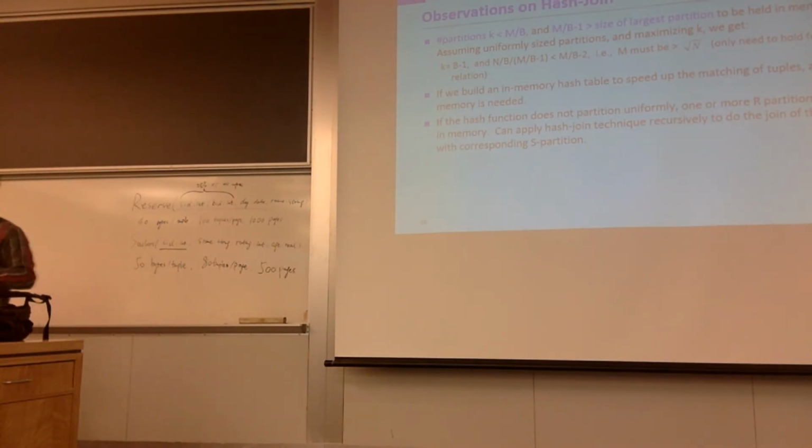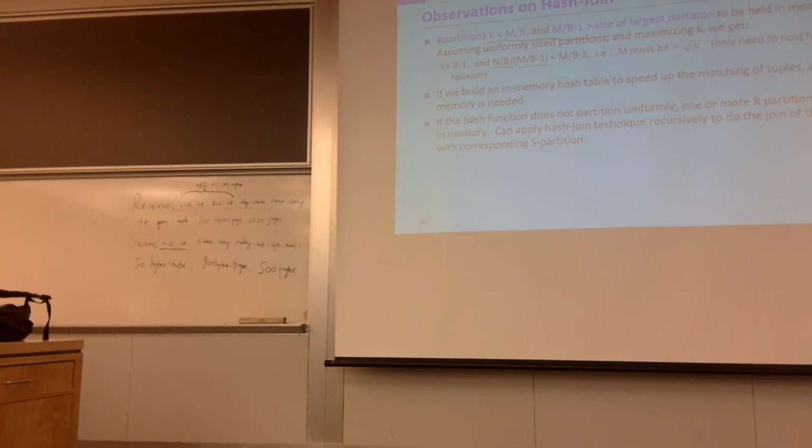If you solve the inequalities here, assuming your partitions have a uniform size, which might not hold in reality but people make this kind of assumption all the time, and you try to maximize the number of partitions k, you get n over b, the number of pages in your file, divided by m over b minus 1, the size of your largest partition.